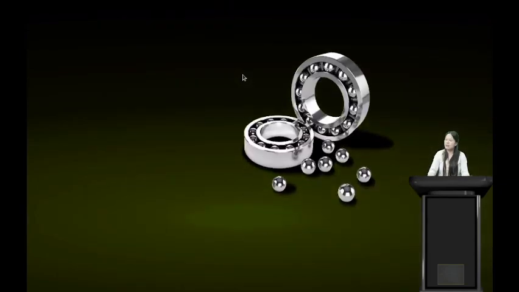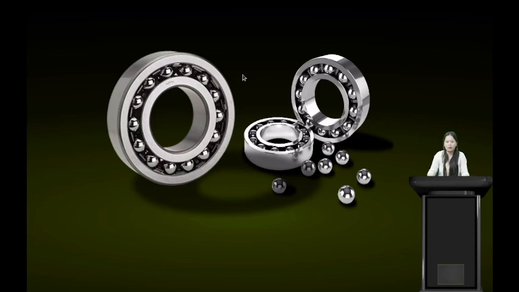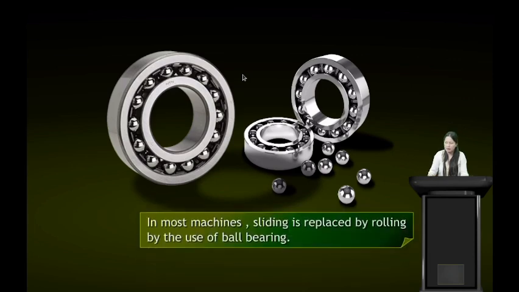Now what do we see here, students? Have you ever seen this structure somewhere? Maybe on your bicycle? Yes, these are known as ball bearings. In most machines, sliding is replaced by rolling by the use of ball bearings. We have seen that sliding friction is more than rolling friction, so to reduce friction, we can roll instead of sliding.